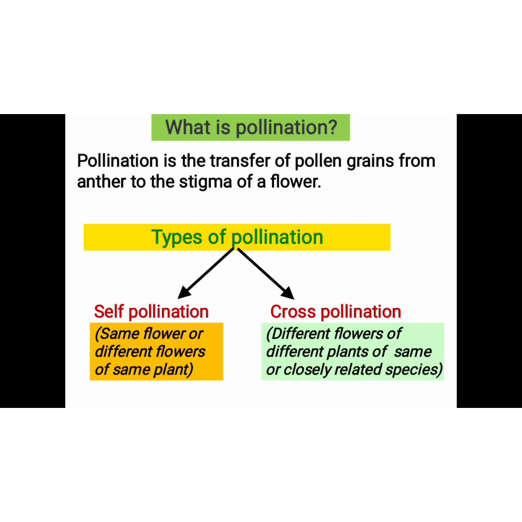So in self-pollination, pollination occurs in the same flower or different flowers of the same plant, while in cross-pollination, it occurs in different flowers of different plants of the same or closely related species.